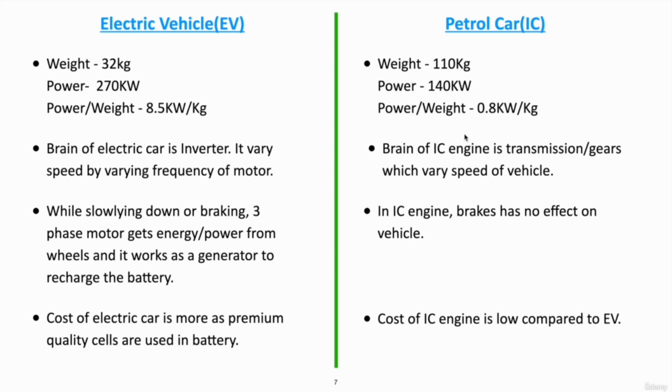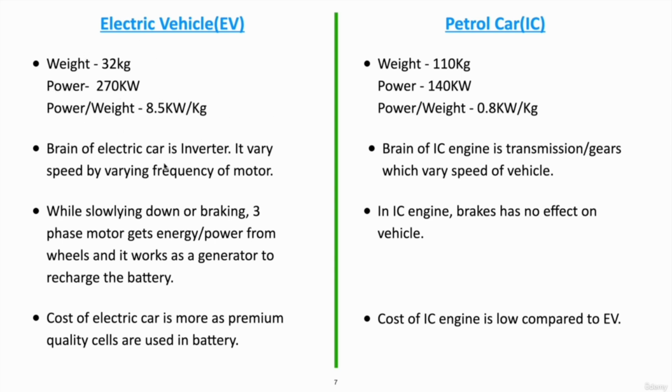As you can see, in IC engine we have a lower power to weight ratio, meaning in 1 kg we can have just 0.8 kilowatt power, but here in 1 kg weight we have 8.5 kilowatt power. That means we have a very powerful motor with less weight, meaning more acceleration, less fuel wastage, so good fuel economy here.